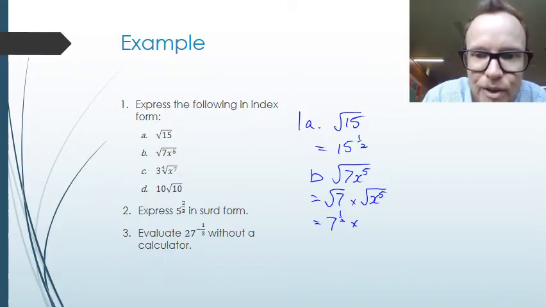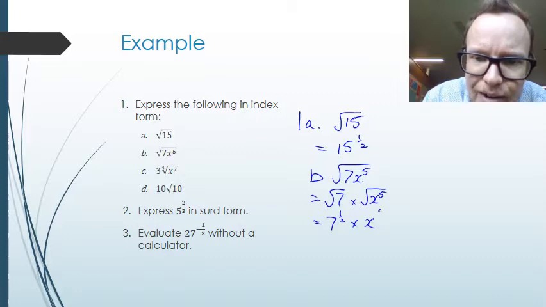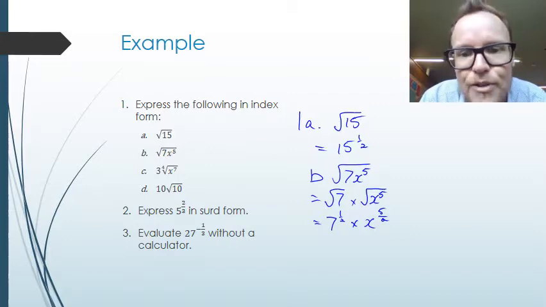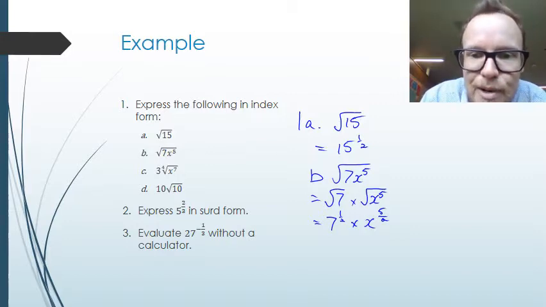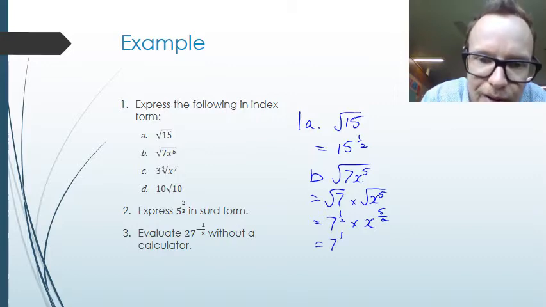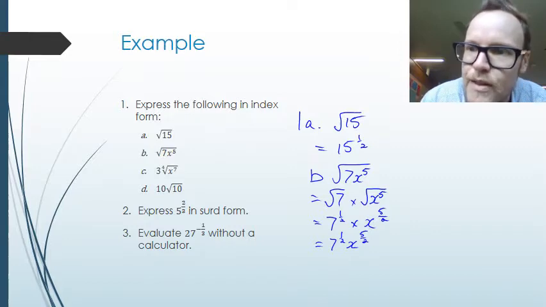But because we've got the power here, we multiply this power by the half. So we get x to the power of 5 over 2. The 5 comes from the power that's inside underneath the root symbol, and the divide by 2 comes from the fact that it's a square root. So this is 7 to the power of 1/2, x to the power of 5 over 2.